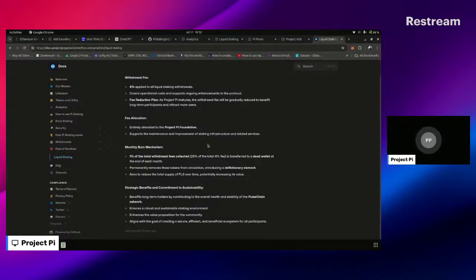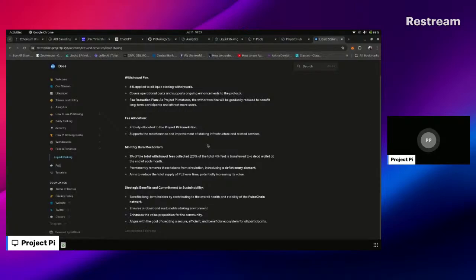Probably going to coincide with the every 28 days for the reward cycle. And basically just removes the Pulse from circulation. Want to add in a deflationary element to Pulse as well. Aim to reduce the total supply of Pulse over time.